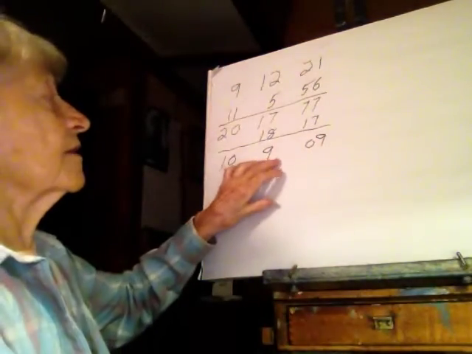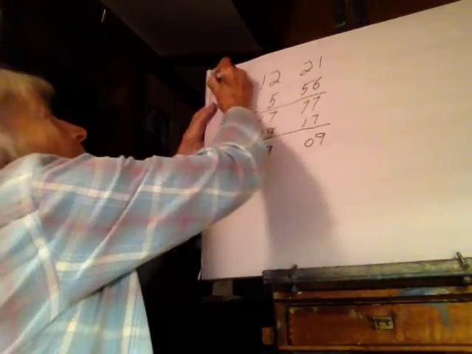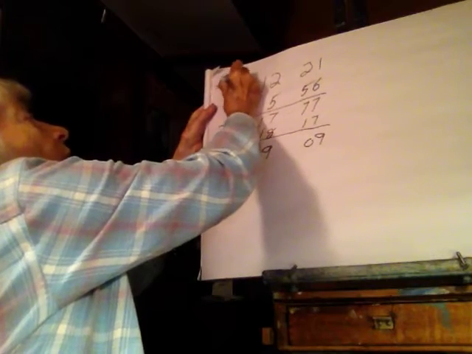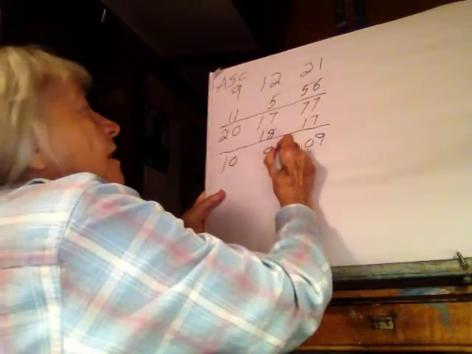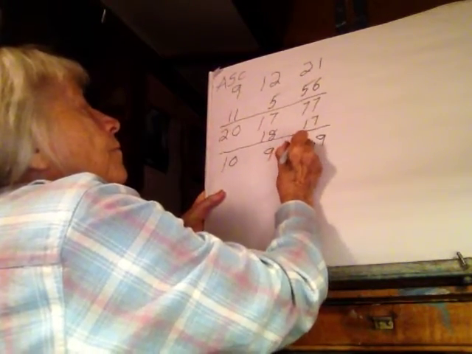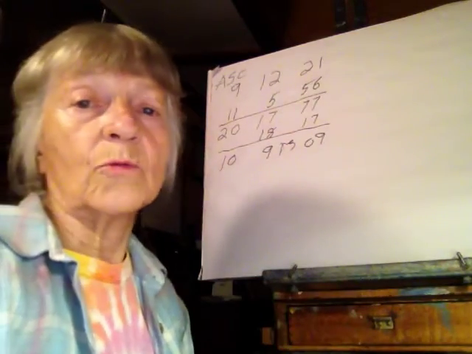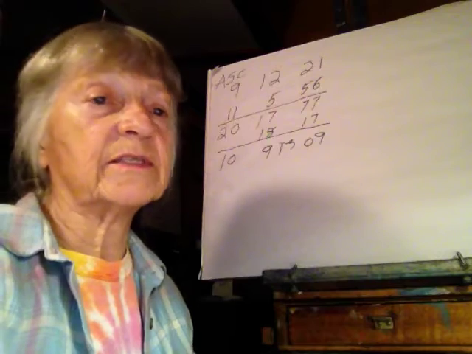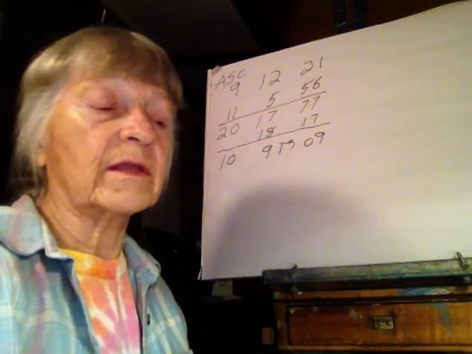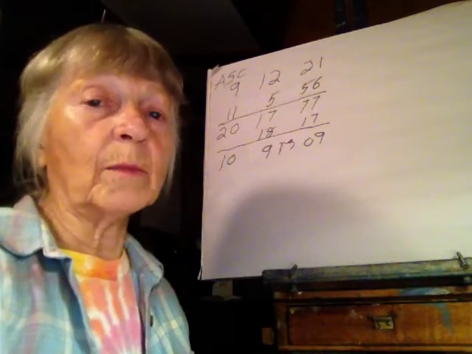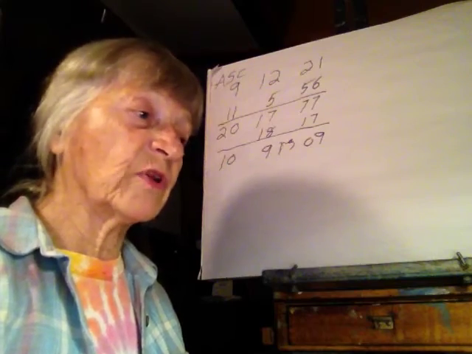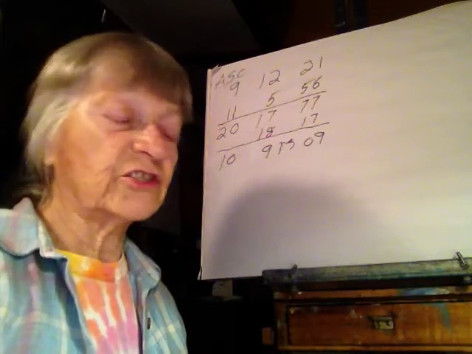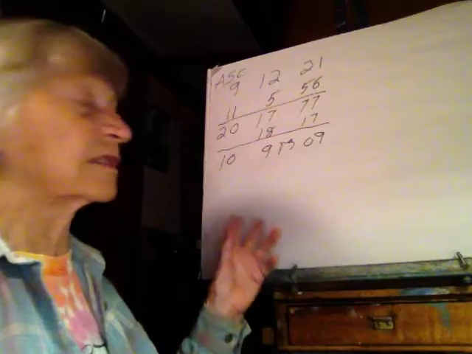That means that the ascendant, and I'll mark this up here so we know what we're doing, the ascendant is 9 degrees of Capricorn and 9 minutes. Now you can look at the problem and say, okay, halfway between Aquarius and Sagittarius is Capricorn, so it makes sense.